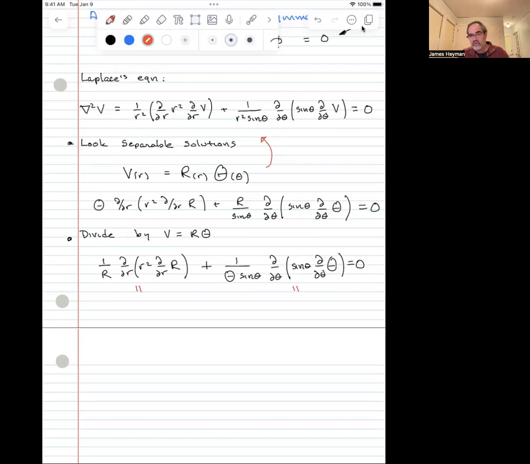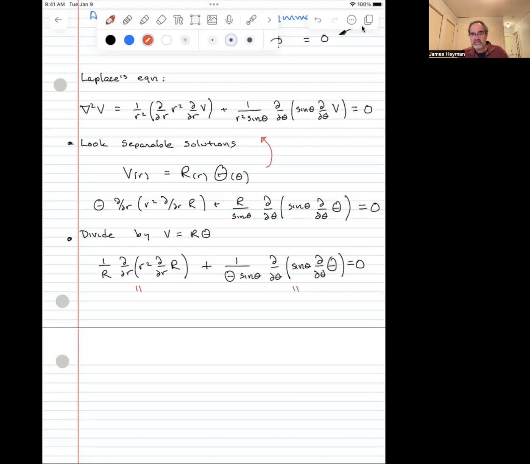The first term only depends on the radial coordinate r, and the second term only depends on the polar angle theta, but they always have to add up to 0. So if we fix one of the coordinates, say the polar angle, we can see that the radial term has to equal a constant value no matter what r is. Otherwise, the two terms wouldn't add up to 0. And we can make the same argument for the second term.